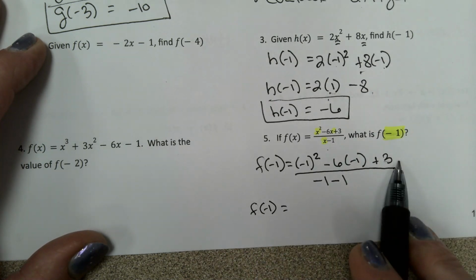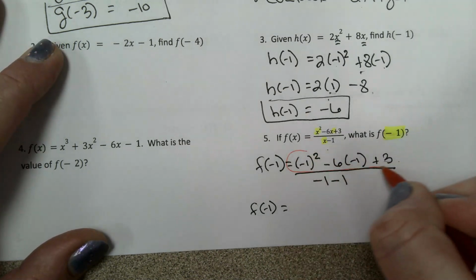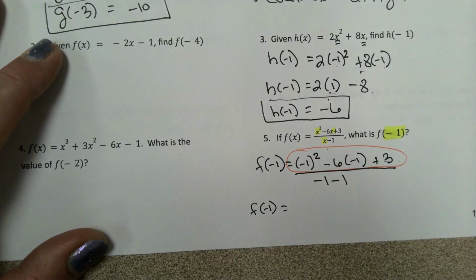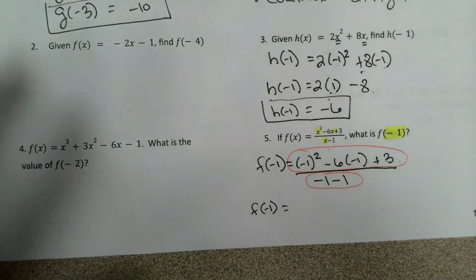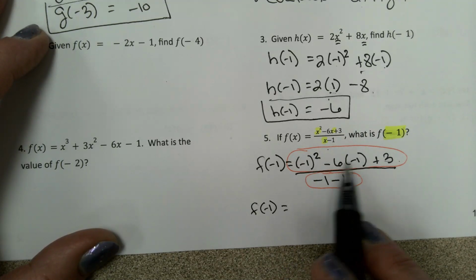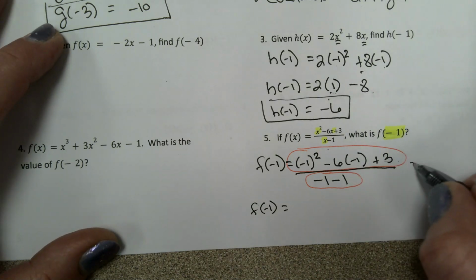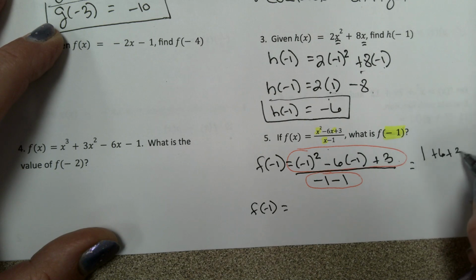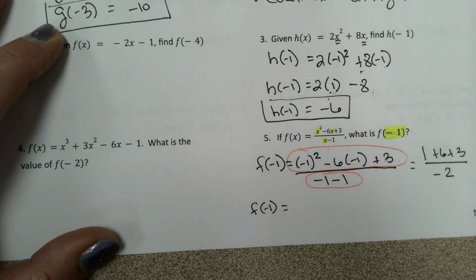Do not put this in your calculator. Okay, so the numerator is one grouping symbol. You could stick that in your calculator. And the denominator is a separate grouping symbol, and you could stick that in your calculator. Okay, so -1 squared is 1. -6 times -1 is +6. 1 plus 6 plus 3. -1 minus 1 is -2.